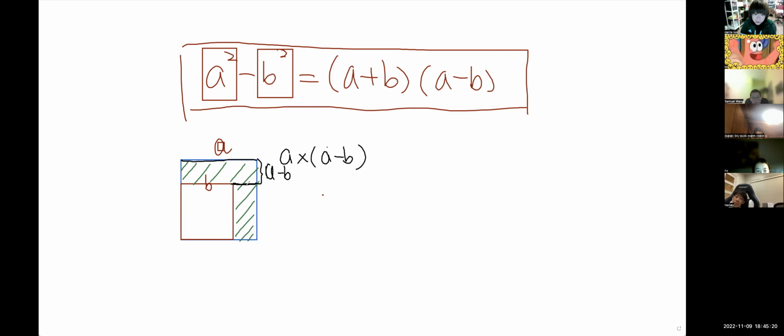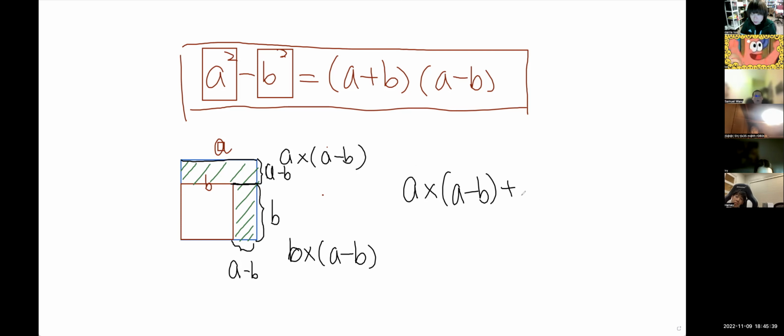Okay, so let's take a look at this part. How about this part? This part is what? B plus A, times A minus B, correct? Okay, so now I'm going to add these two together: A times A minus B plus B times A minus B. So what is the common factor?